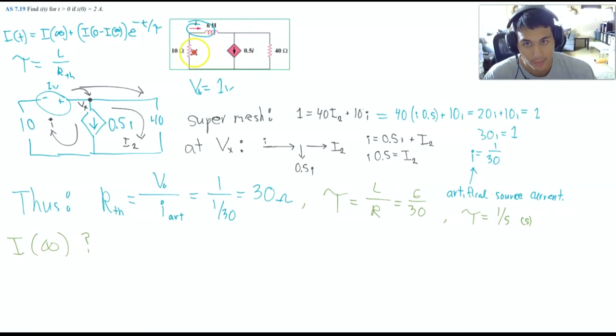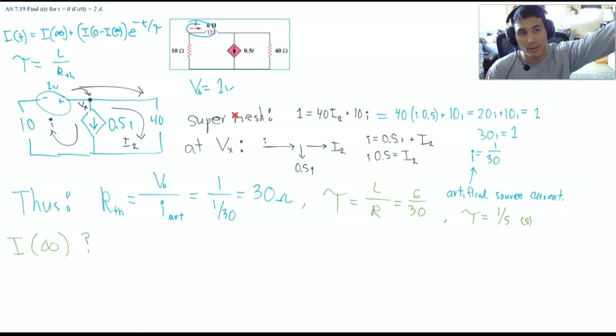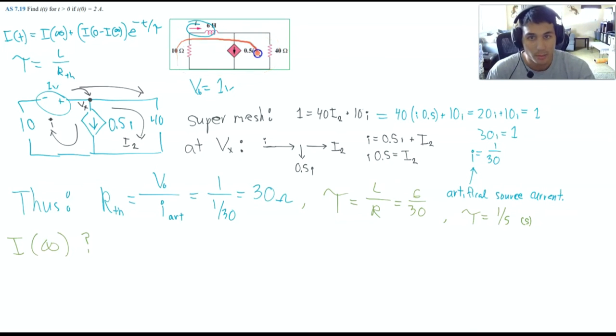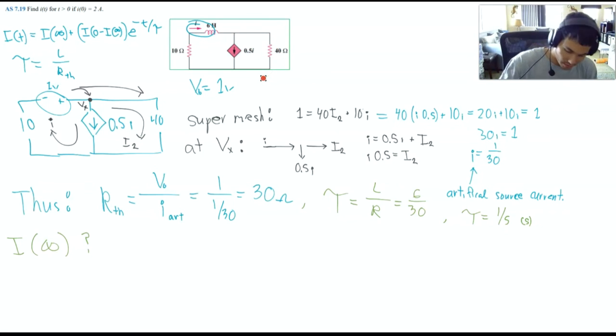So there's resistor, inductor, and dependent source. So over an infinite amount of time, as infinity goes on forever, eventually, these resistors will deplete all the energy and there will be no current. Everything's going to get dissipated into the resistors. So i infinity is equal to 0. And that's a conceptual idea.